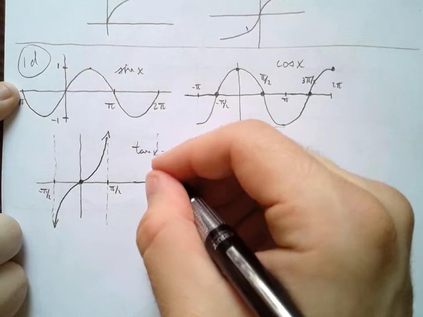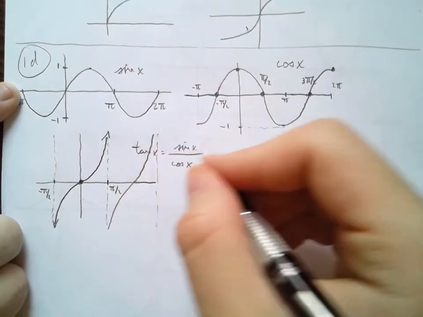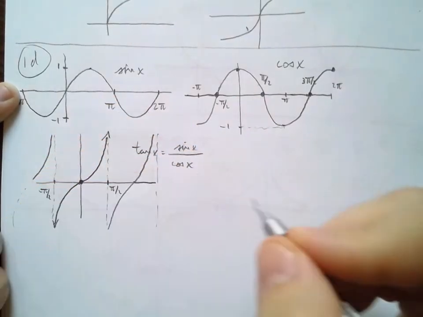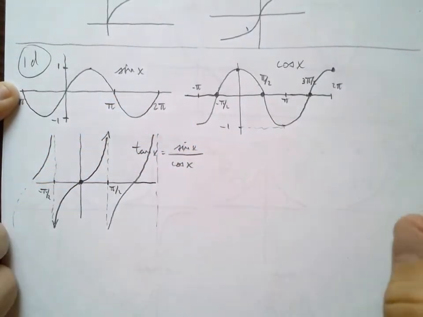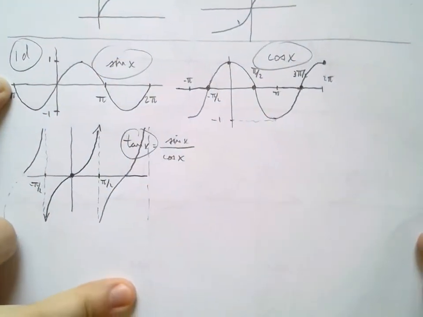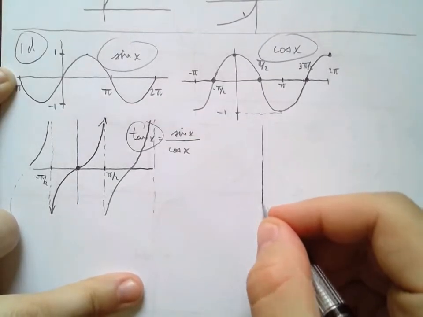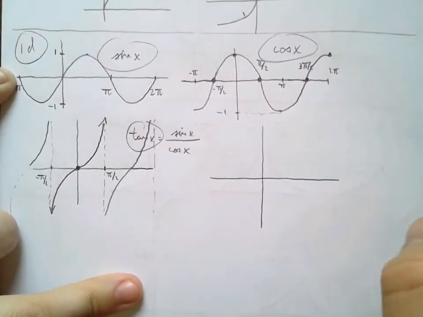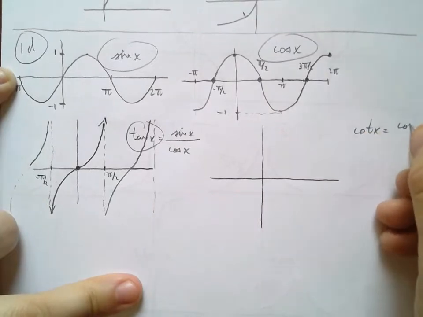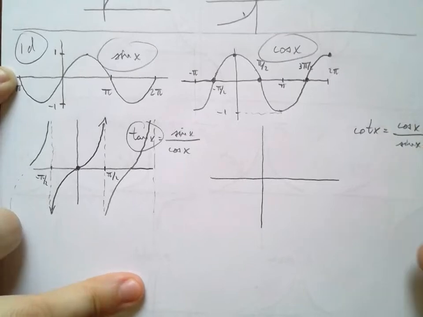And of course it's periodic, so it repeats itself like that, right? So I have many copies of that shape. So that's tangent of x. That's this one. Now, knowing this, I can do the same trick for cotangent, which is cosine of x over sine of x.